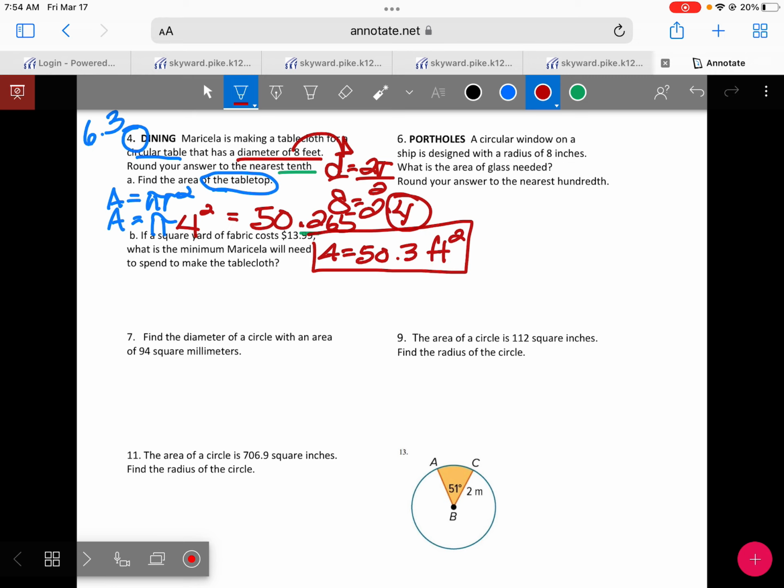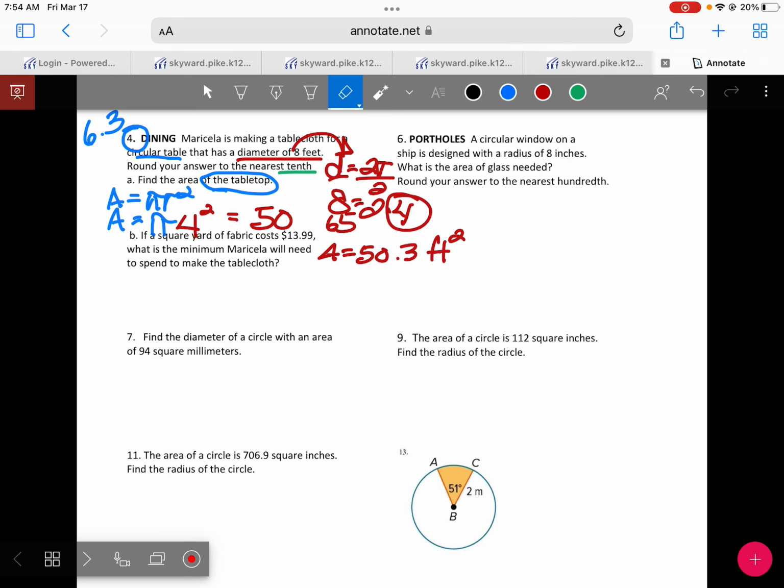Then it says, if a square yard of fabric costs $13.99, what is the minimum Maricela will need to spend to make the tablecloth? Well, again, I don't know if you've ever bought fabric. Square yard costs 13.99.